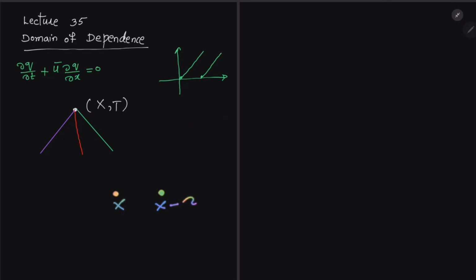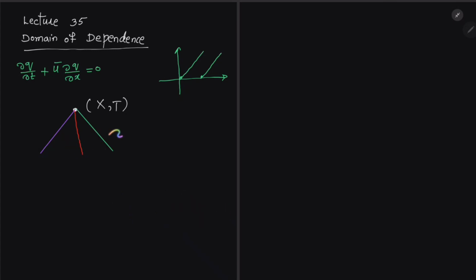That will be another point where we have another characteristic. Suppose we have this x naught, and the neighbor point will be x naught minus u bar t.